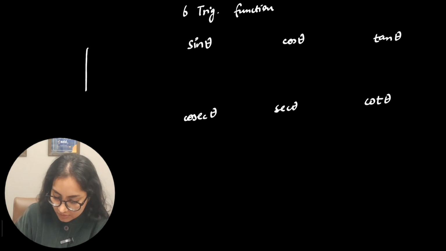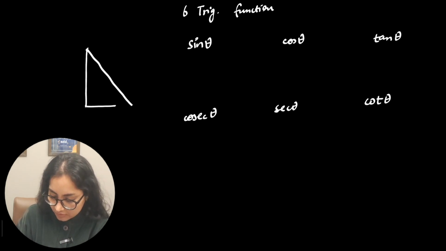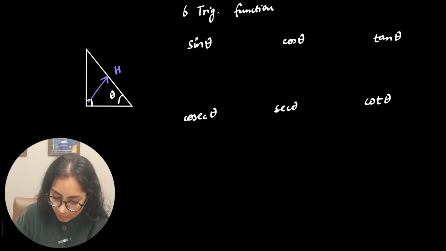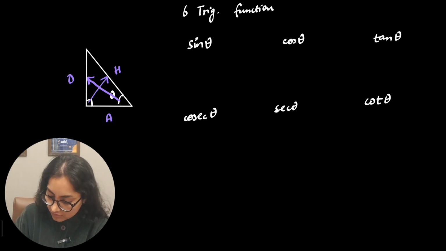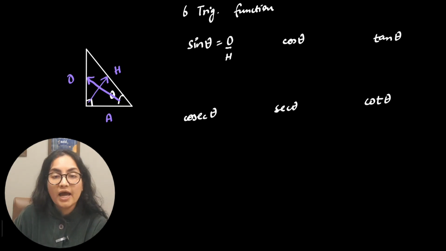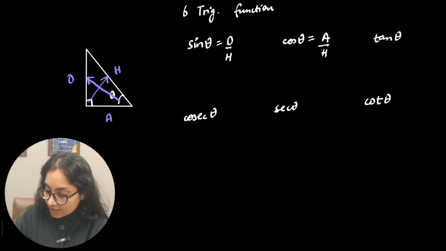So if this is my right angle triangle, this was my angle, the side opposite to 90 degrees was the hypotenuse, the side opposite to the angle was opposite, and the side adjacent to the angle was adjacent. So sine theta is defined as opposite divided by hypotenuse. Cosine theta is defined as adjacent divided by hypotenuse. Tangent theta is defined as opposite divided by adjacent.